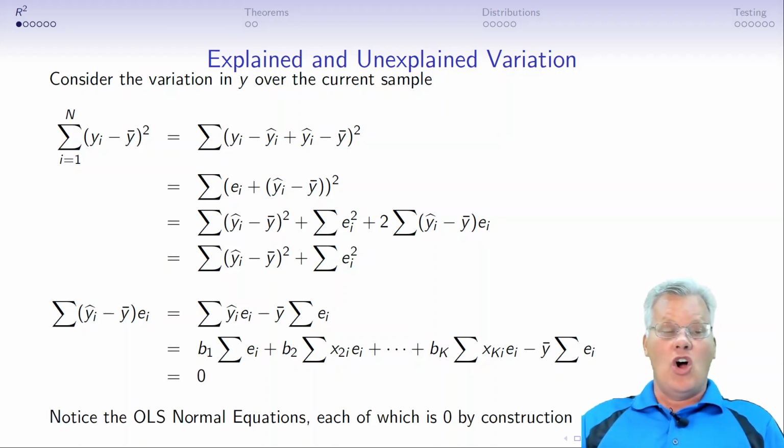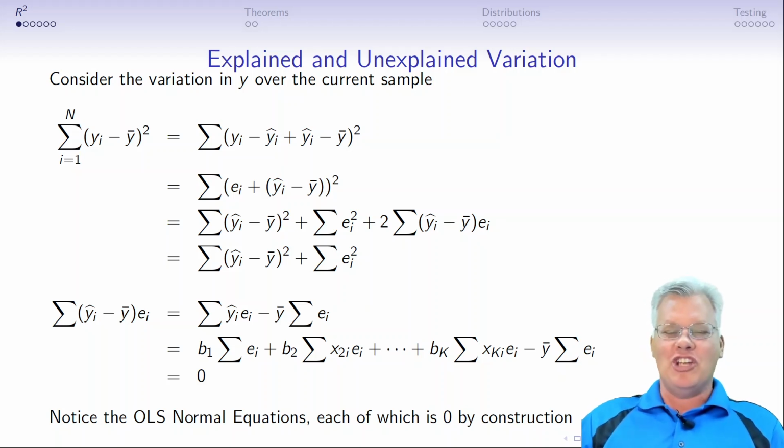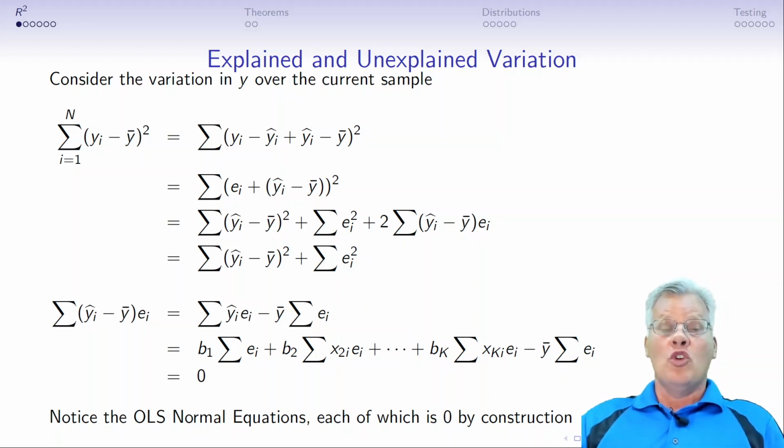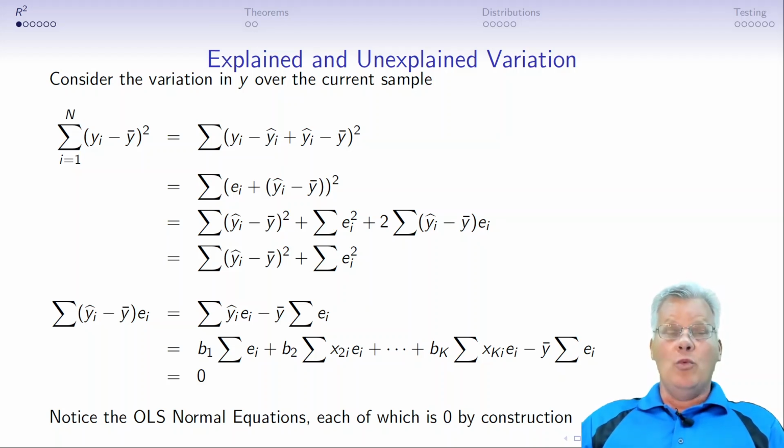Now, this is all equal to 0 by inspection. And the reason why is the OLS normal equations. You remember when we took the sum of the squared residuals and differentiated it with respect to each parameter to be estimated, b1 through b sub k, and set each of those derivatives to 0, we got what was called the OLS normal equations. The first one was that the sum of the regression residuals must be 0.